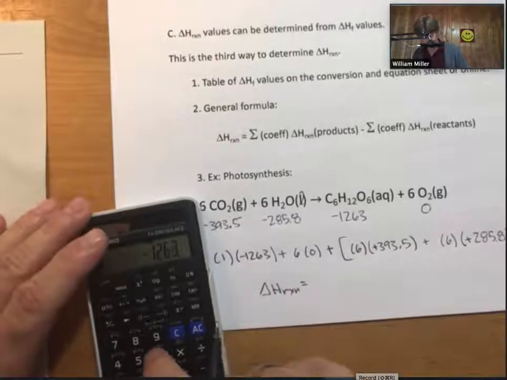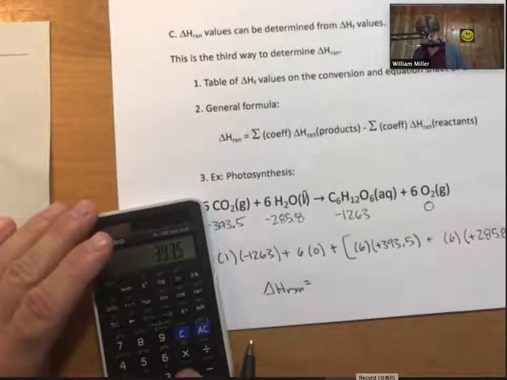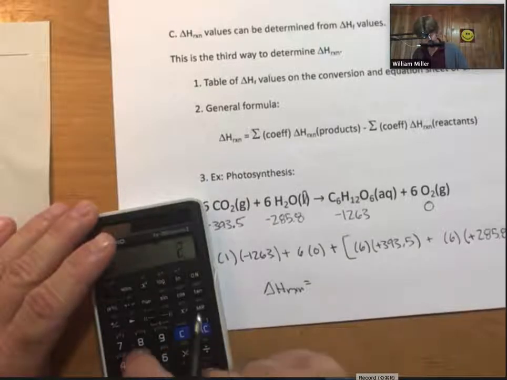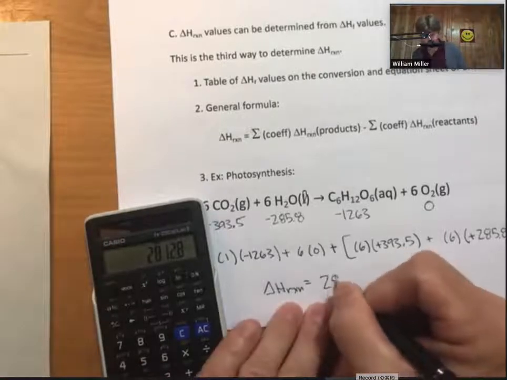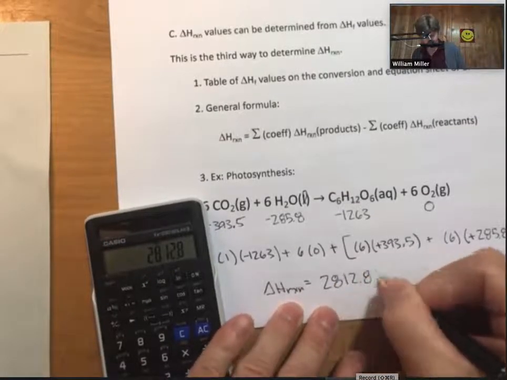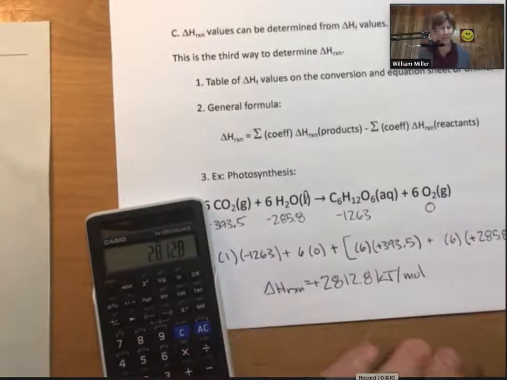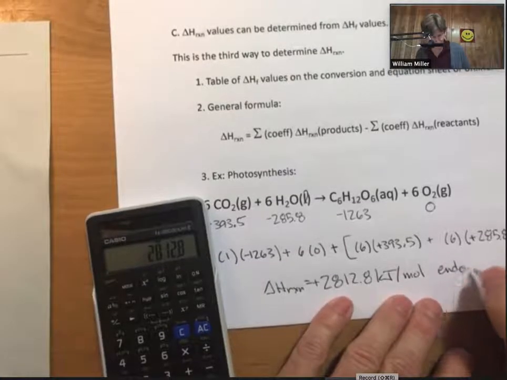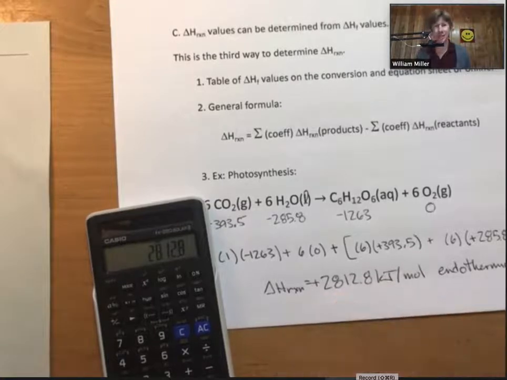So plus 6 times 393.5 plus 6 times 285.8, and I get 2,812.8 kilojoules per mole. That's positive. This is an endothermic reaction. Takes a lot of energy to do photosynthesis. Where does that energy come from? That's a rhetorical question. It comes from the sun.